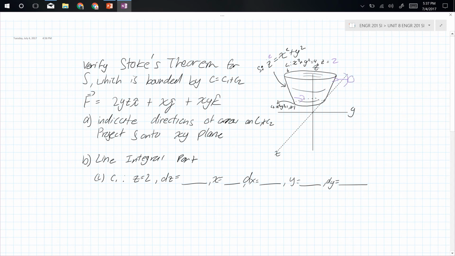Your left hand needs to be over the surface, and your right hand needs to be outside the surface. This is what dictates your direction. So if your left hand is on the surface and your right hand is off the surface, then you can go around, and that will decide your direction. So you have a person right here, and he's going to walk around in, like I said before, the clockwise direction for C1.